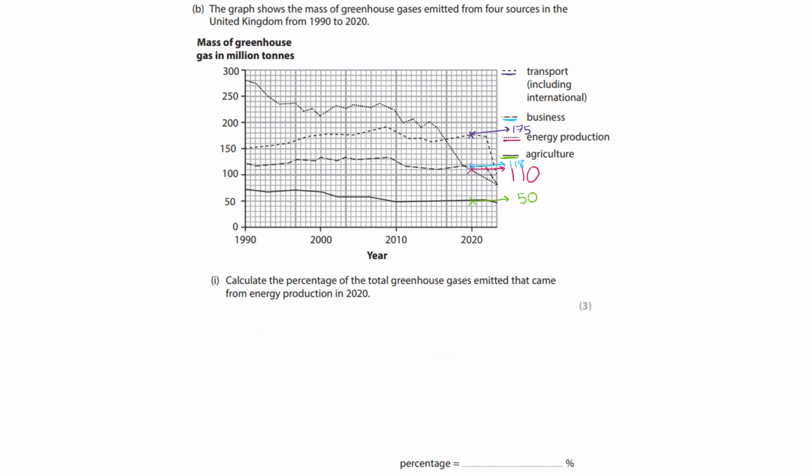The graph shows the mass of greenhouse gases emitted from 4 sources in the United Kingdom in 1990 to 2020. Calculate the percentage of total greenhouse gases emitted that came from energy. This indicates that we are going to put the number of gases emitted from energy on top, and then below is going to be our total.